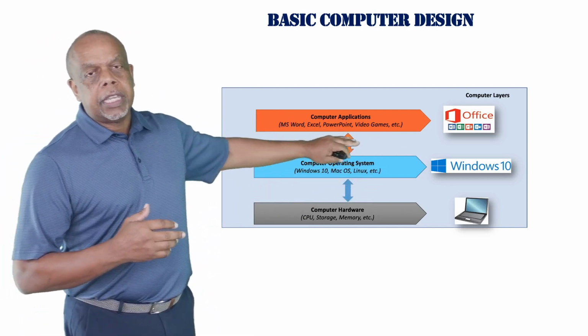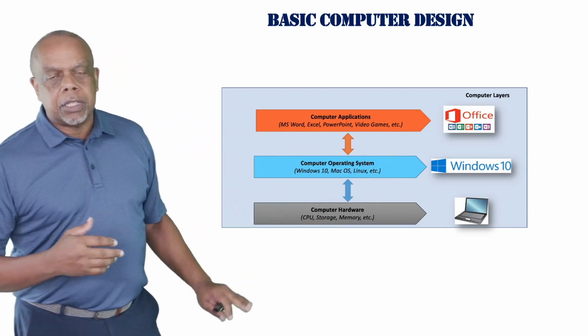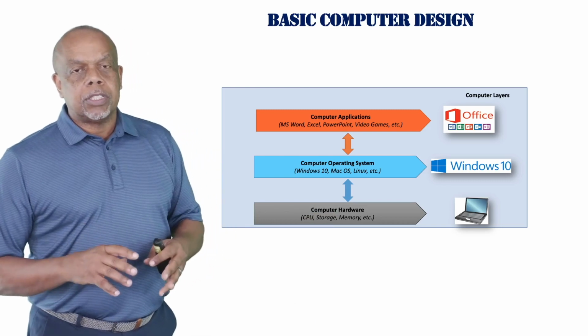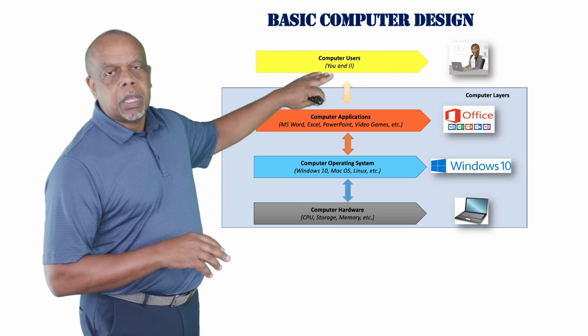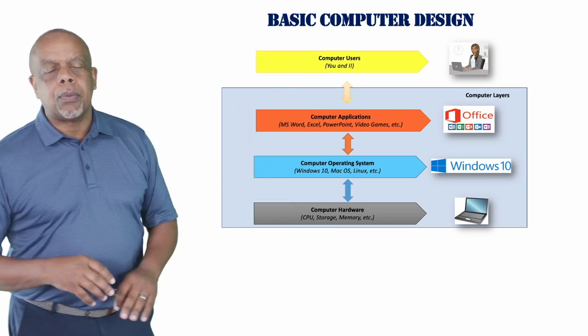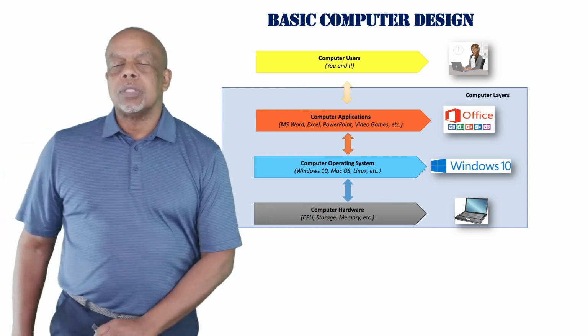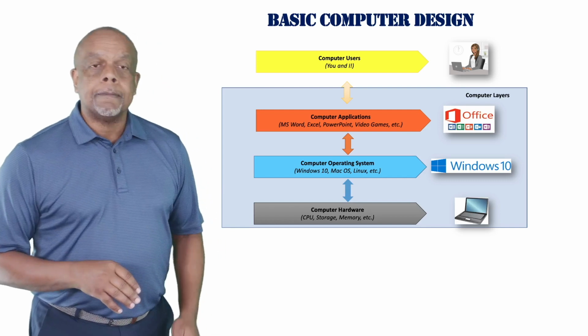So that gives us a layer of security, some protection for our computer hardware and some of the critical components within our operating system from malicious users. And talking about users, that's where we sit. We interface with those applications via the operating system that is sitting on top of hardware. So that's that basic computer design.